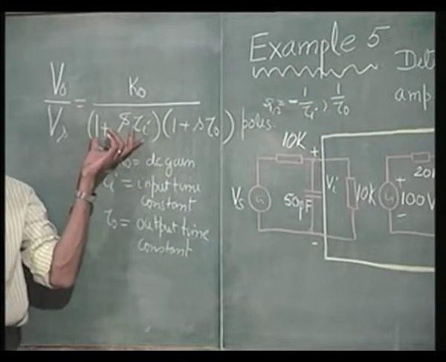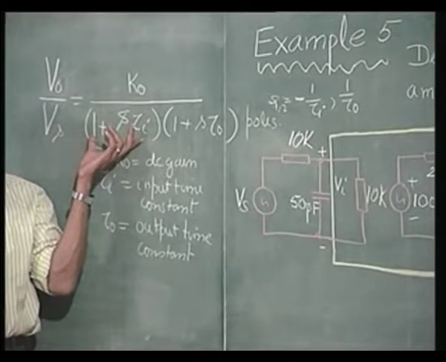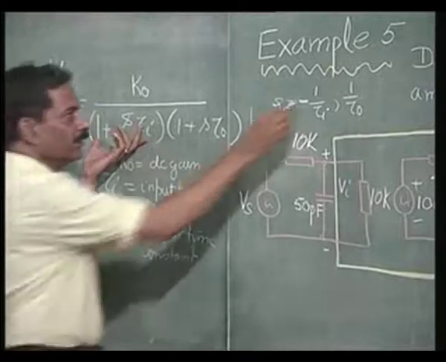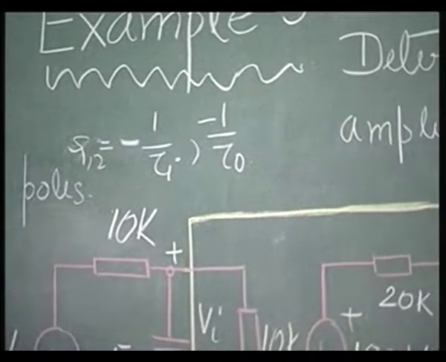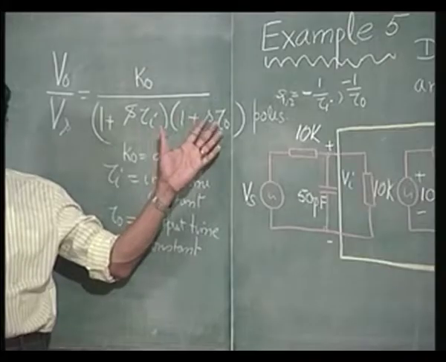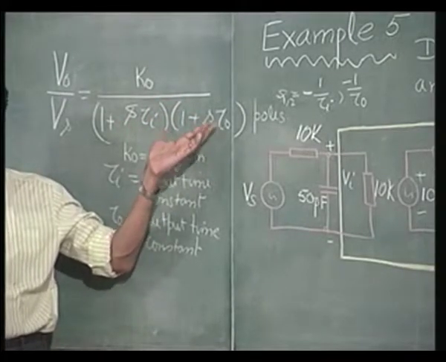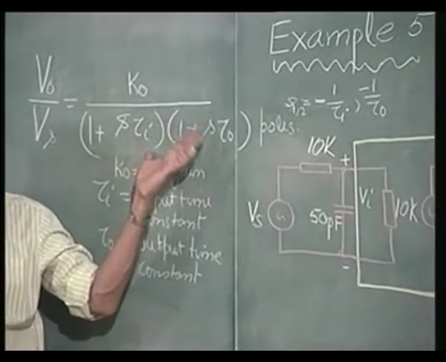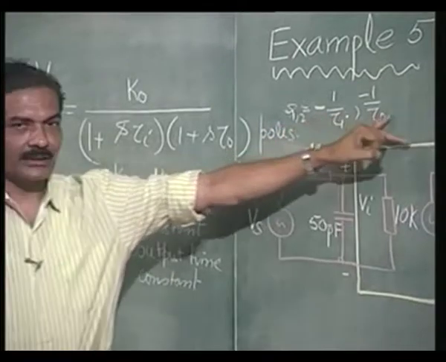Equate the denominator to 0, you will get the pole. S is equal to minus 1 over tau I is one pole and minus 1 over tau naught is the other pole. The poles of such systems will always lie on the negative real axis.